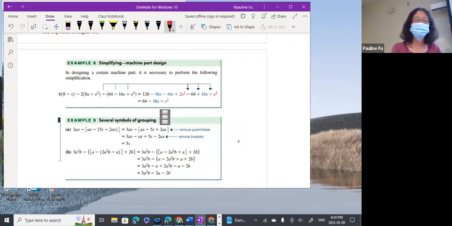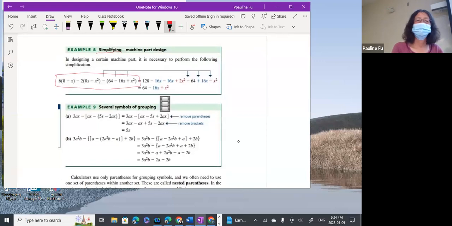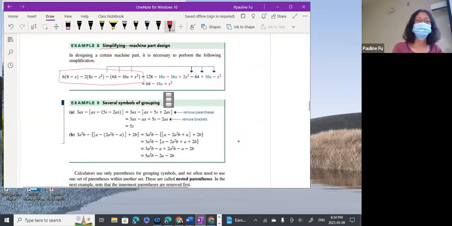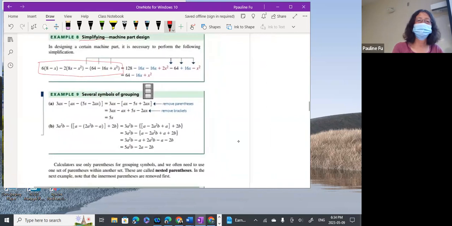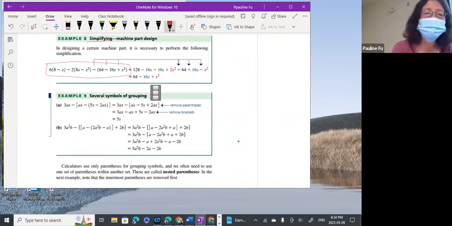Okay, let's take a look at an example. Simplify. In designing a certain machine part, it is necessary to perform the following simplification. So how do you simplify this one? Let's do it outside.